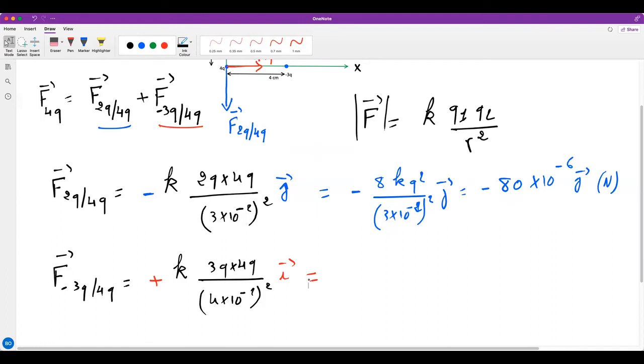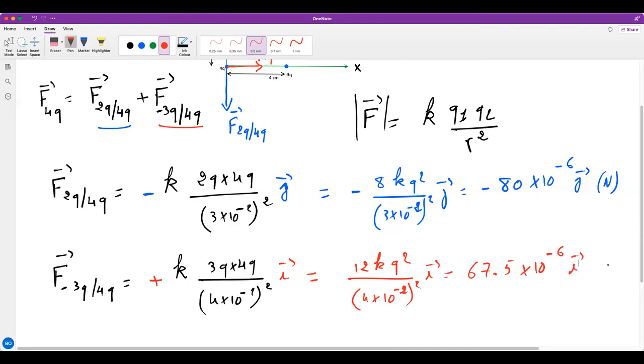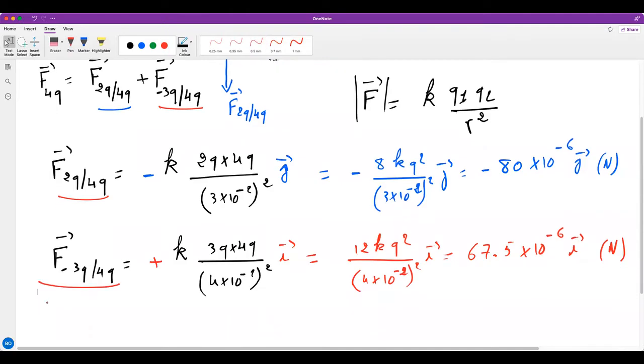You can easily see that it's equal to 12 k q squared over (4 times 10 to the minus 2) squared, i, which is 67.5 times 10 to the minus 6 i, in Newtons. So the total force is the sum of both of them.